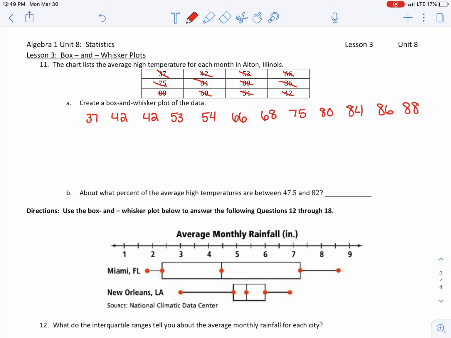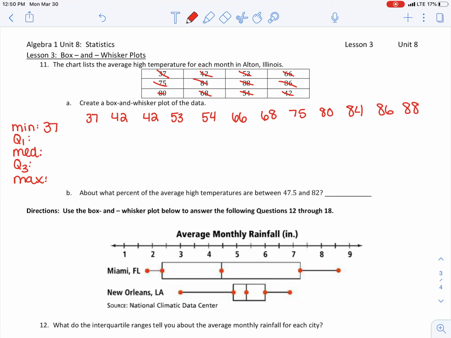Okay, so we have all of our data represented here, and it's in order from least to greatest. So the 5 things that you need to create your box and whisker plot are your minimum, your Q1, your median, your Q3, and your maximum.